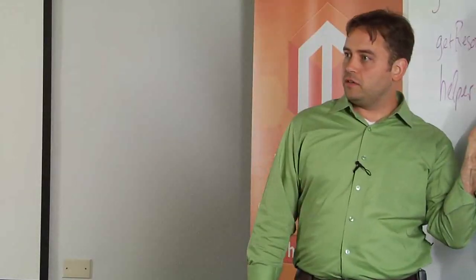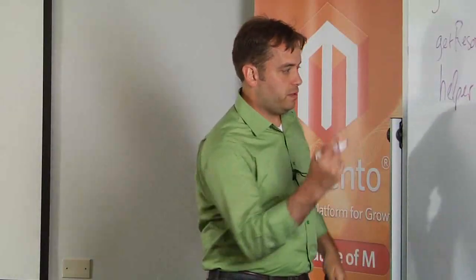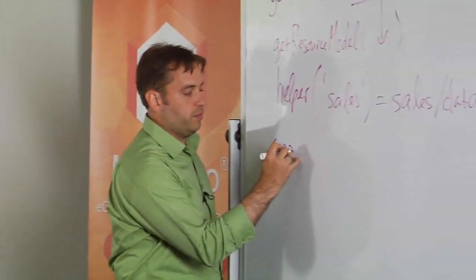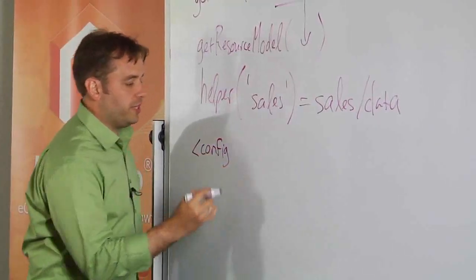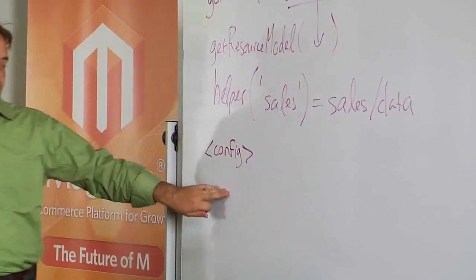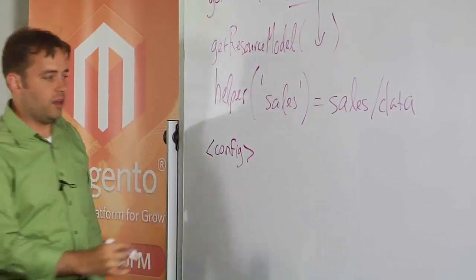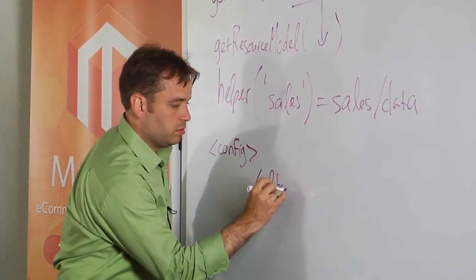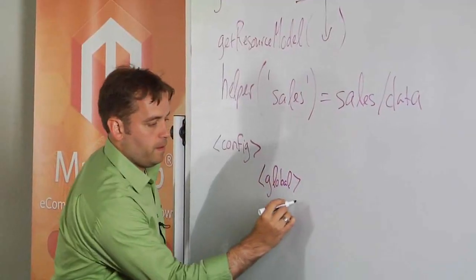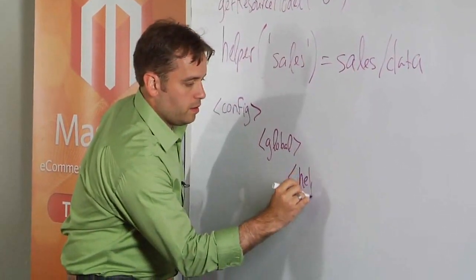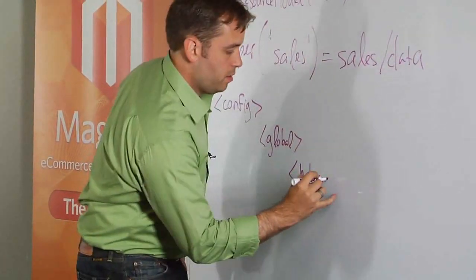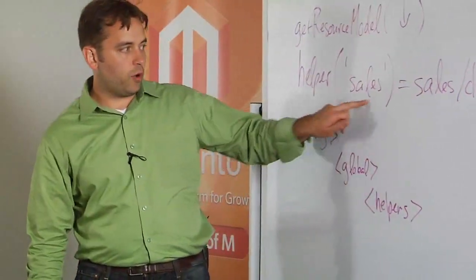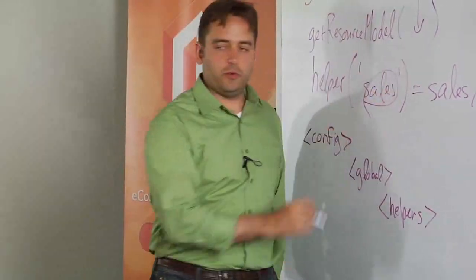This sales here will map to a configuration file, or hopefully, anyway, the config object will look in config global helpers for a node with the value sales.